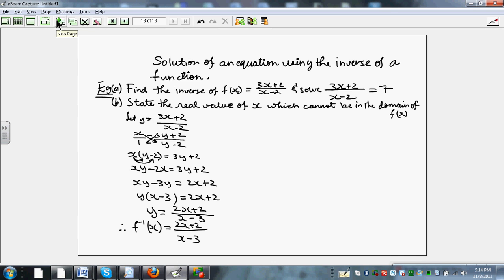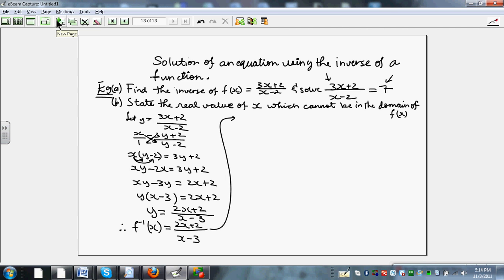But the reason that we are getting the inverse function is to solve this. So if we get the inverse function of the original function, to solve it, what your note said was to take the value that the original function was, which in this case is 7, and substitute it into the inverse function. When we do that, the answer will give us the solution of x that we're looking for.